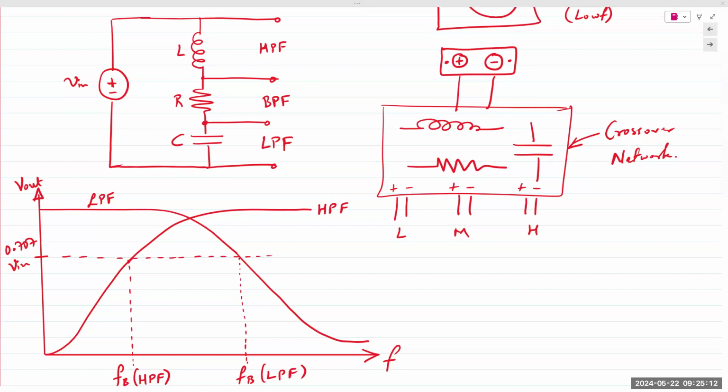And if you take the cutoff frequencies for each one, there is a certain band of frequencies in the middle that is passed through. Questions? Any questions? Yeah.